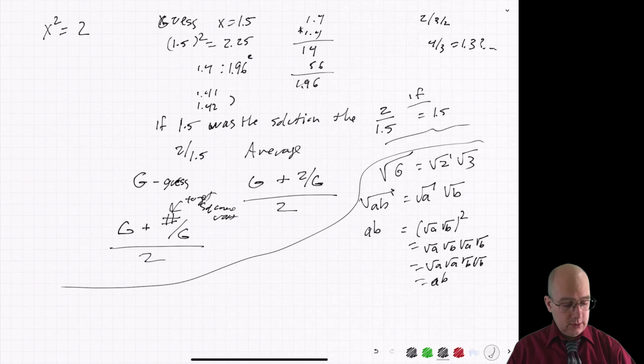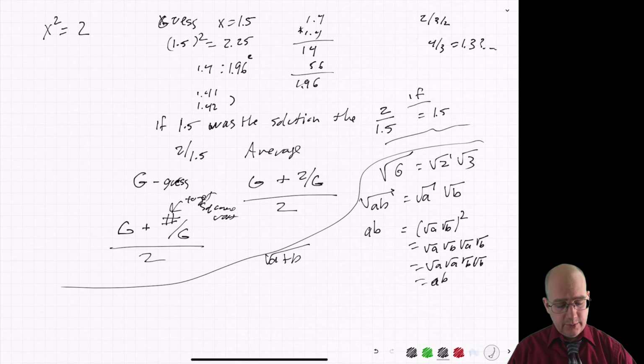Not that interesting, but the idea is when you express everything in the way that what it really means and use associative and commutative rules, everything just works out fine. So you can break up square roots of products.